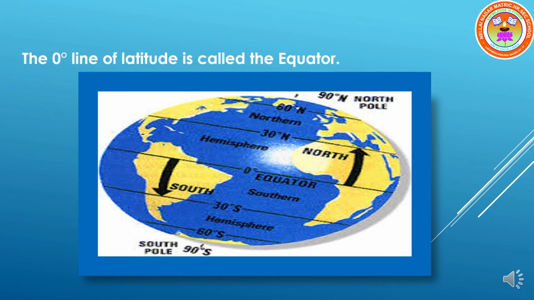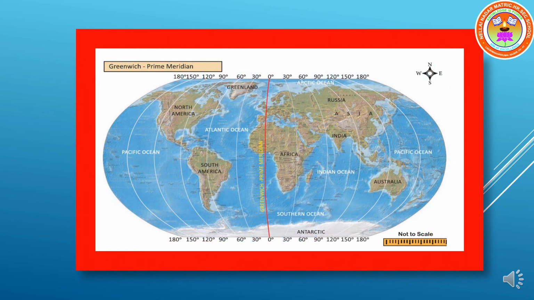The 0-degree line of latitude is called the equator. Next, the 0-degree line of longitude is called the Greenwich meridian or the prime meridian.